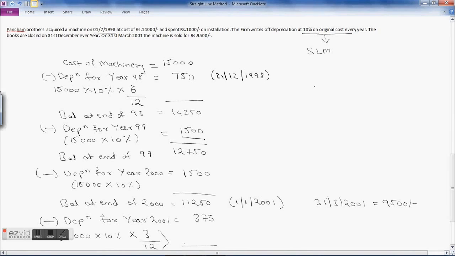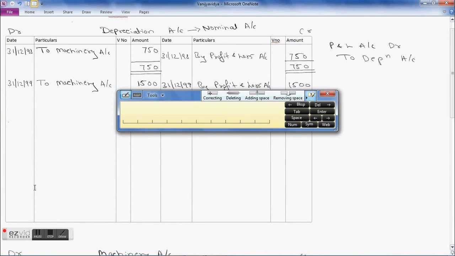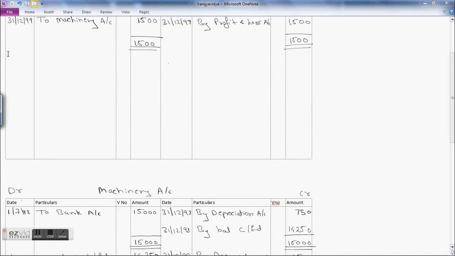Next entry. Next is a depreciation for year 2000, that is 1500 again. So we'll pass the entry for 2000. So depreciation for the year 2000, 31/12 to machinery account.